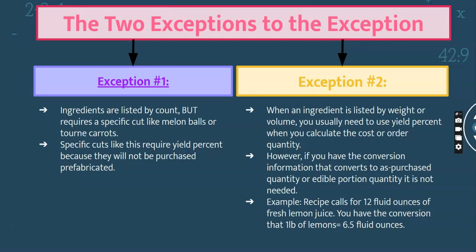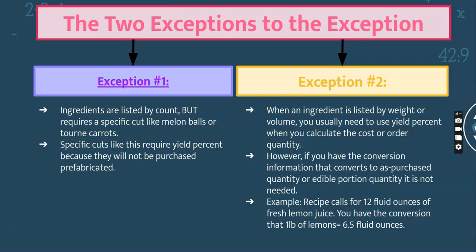Exception number 2: when an ingredient is listed by weight or volume, you usually need to use the yield percent. Again, when you have different scenarios, your teacher will help you. However, if you have to convert it, it might not be needed. I know it gets kind of confusing, but we'll show some more examples.